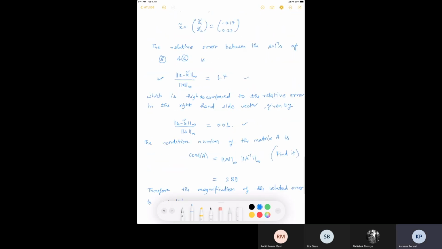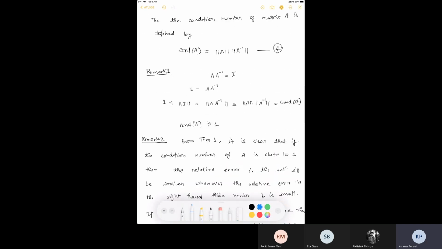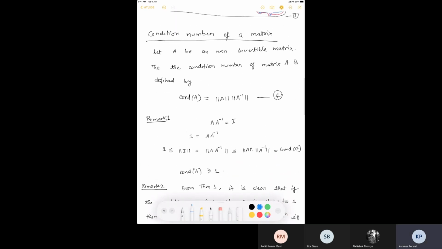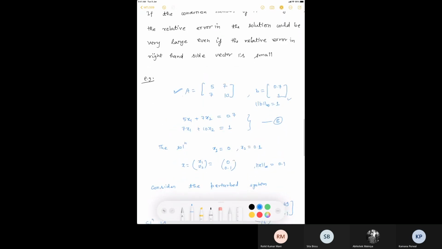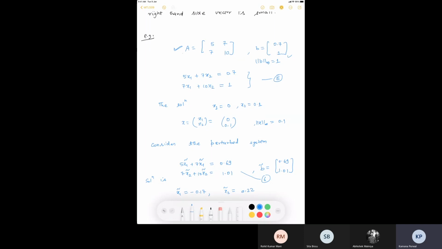So the message from this result is that your matrix has to be well behaved, meaning well conditioned. Suppose you are going to solve the system using the computer. In the computer, you always have machine errors.